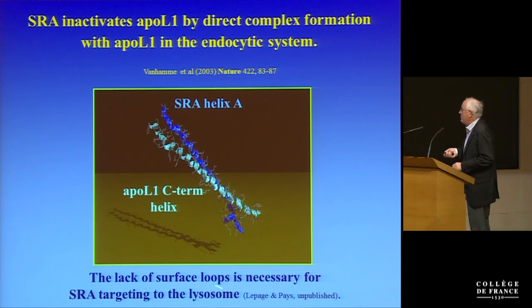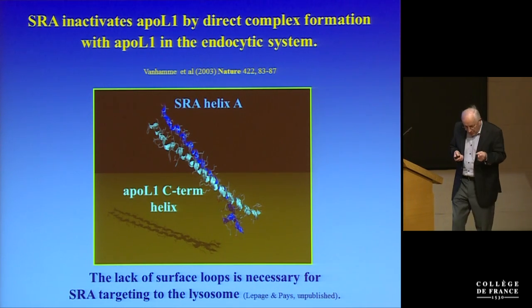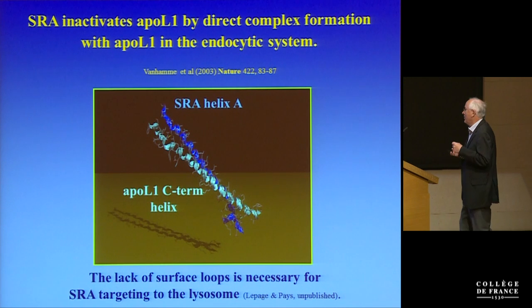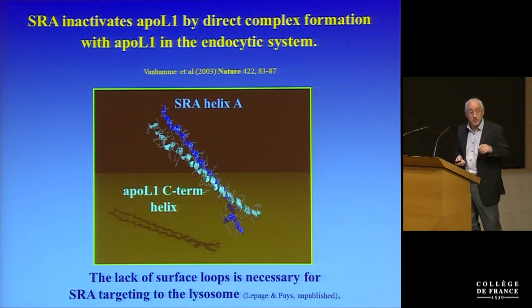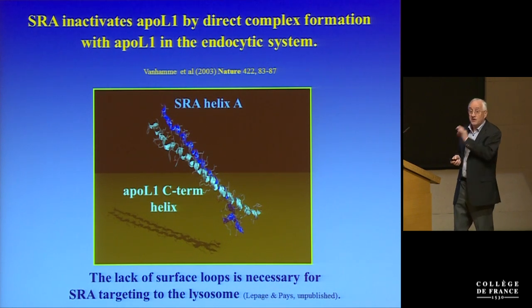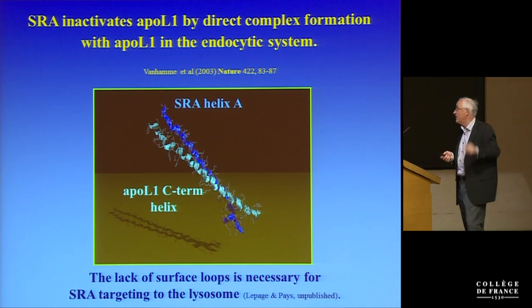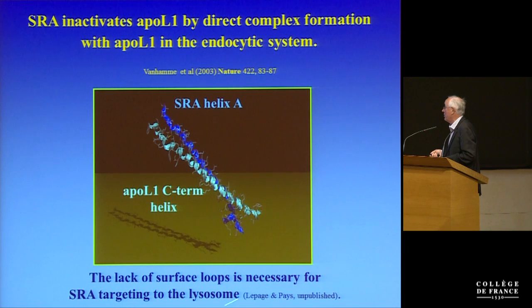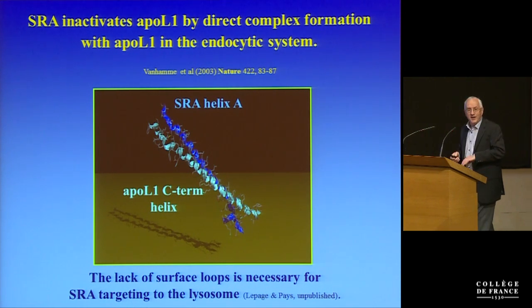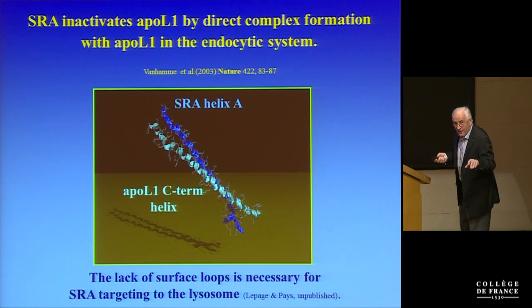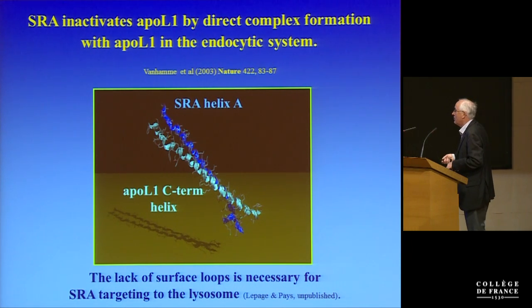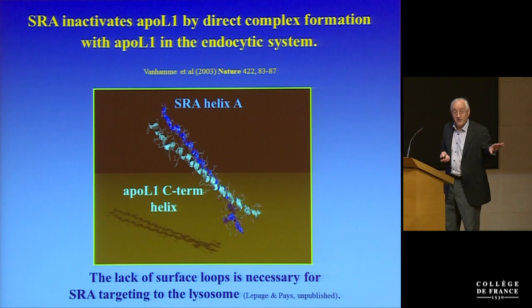So if you make SRA again a good, decent VSG, by putting back the surface loops, we managed to find the gene from which SRA has evolved by deletion, so we could put back the missing loops in SRA. Then you lose the ability of SRA to confer resistance to TLF, simply because then SRA goes to the surface and not into the endocytic system.